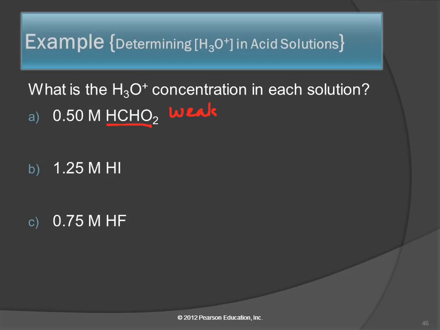So can we know what the hydronium ion concentration is for this one? We don't know how much it ionizes. So all you can say, and I'm going to change colors here because I didn't mean to be writing in red, all you can say for this one is that the hydronium ion concentration is going to be less than this.